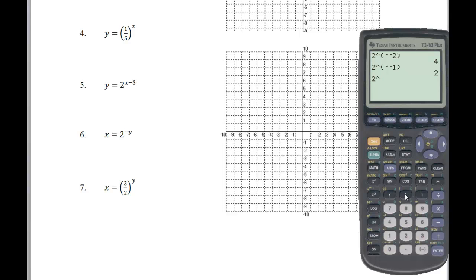2 caret negative 0 is the same thing as 0, but I'll still, just to show you the pattern here, just plugging numbers in for my y there to see what gives my x, and that's going to be 4, 2, and 1.